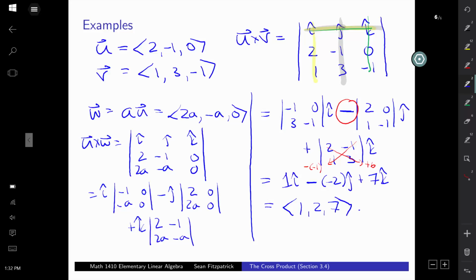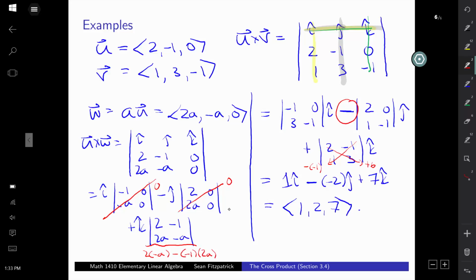Now, the fact that I've got zeros makes things easy. It's obvious that that's going to be 0, because both of the entries on the left get multiplied by 0 when you calculate those 2 by 2 determinants. But even this one, notice that 2 times minus a, and then subtract minus 1 times 2a, right?